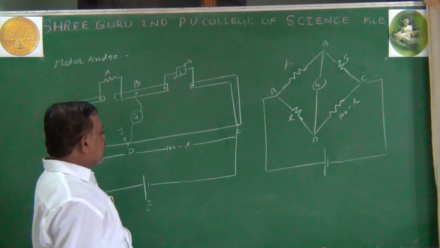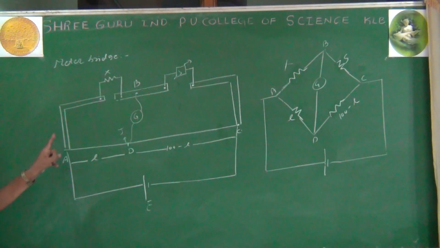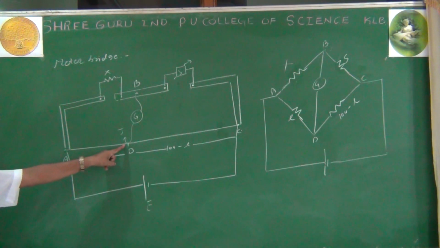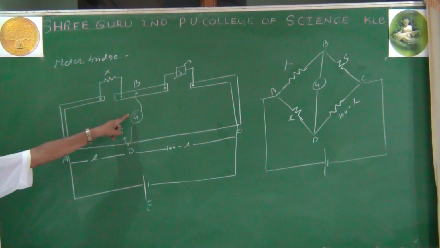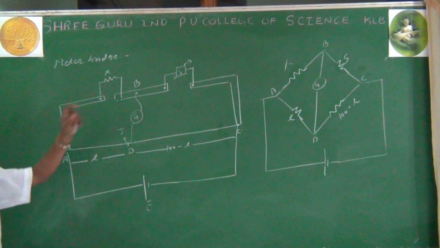Then what is the balancing condition? By adjusting the jockey on the wire till the galvanometer reads 0, the network is balanced.